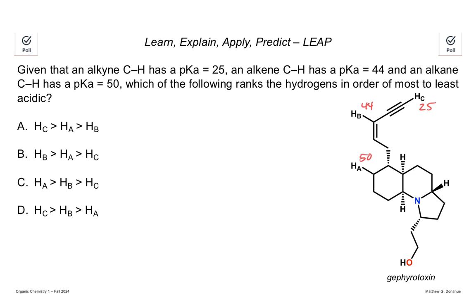So I sort of model these questions after how the ACS exam is written, and they do a lot of these sort of most to least, least to most rankings. So in terms of that, if we use the numbers, so 25 is less than 44, is less than 50.